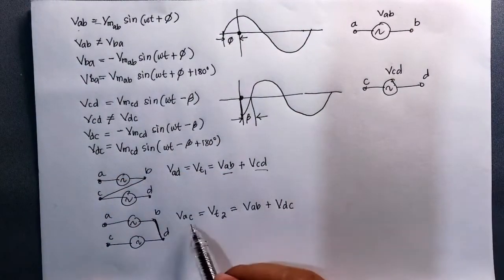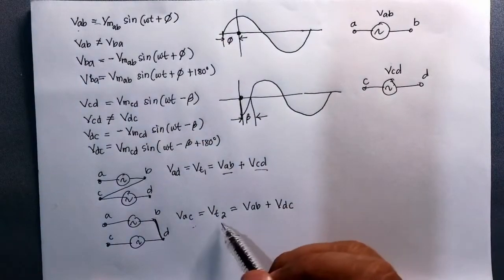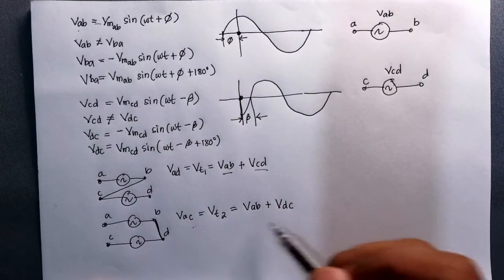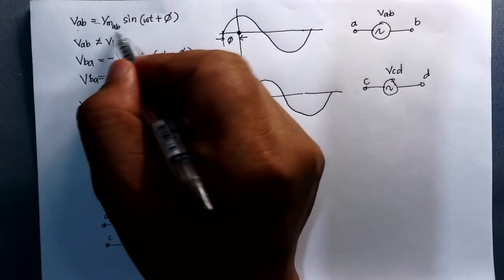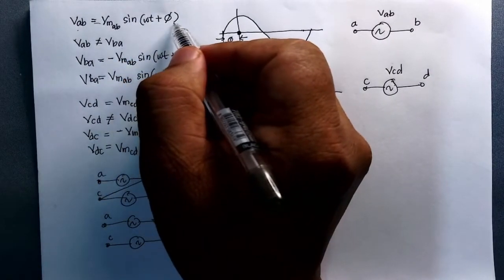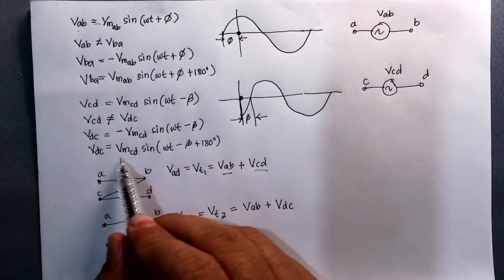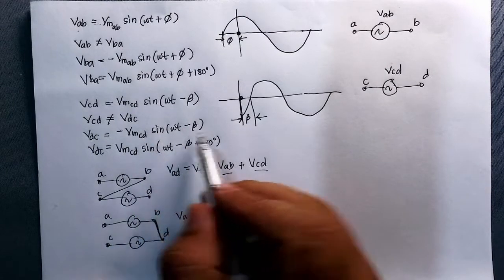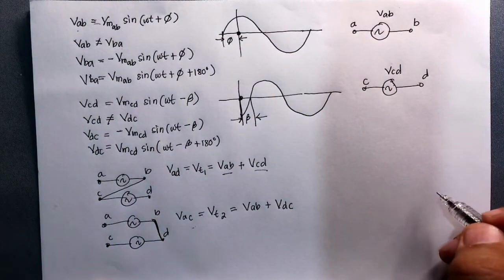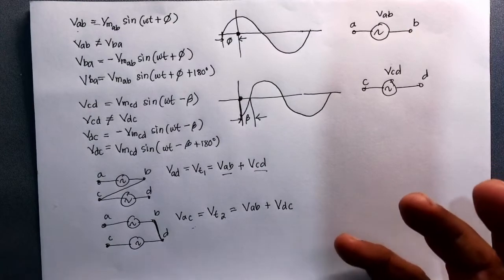Okay, and for V sub AC, or the terminal 2, that is V sub AB, again this value V sub M AB sine omega t plus phi, plus V sub DC, and V sub DC is this one, negative V sub M CD sine omega t minus beta. Okay, so that's how you connect two sources.